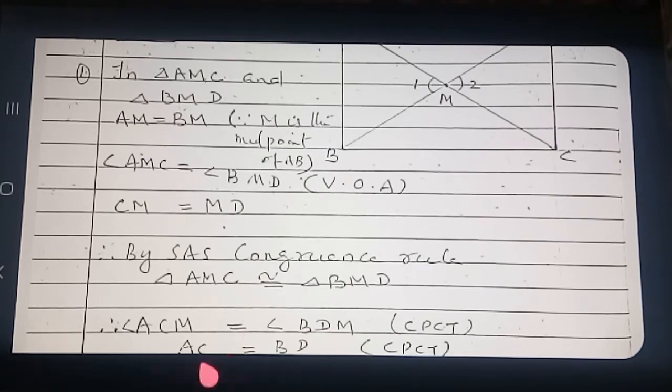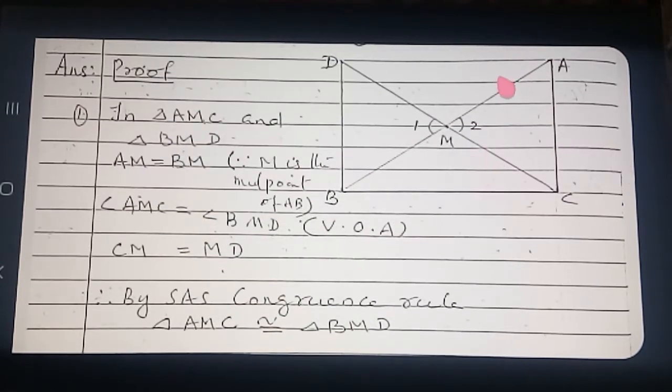Again you see the diagram. From the diagram only we can understand which postulate, theorem or axiom we are applying here. So here side, angle and side. Here you clearly understand, that is why I didn't draw a separate diagram. Side, angle and side. So which axiom? SAS axiom or SAS congruence rule.